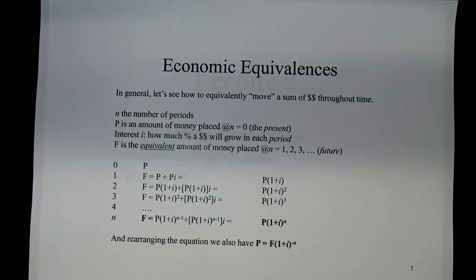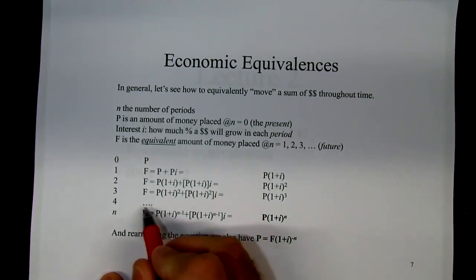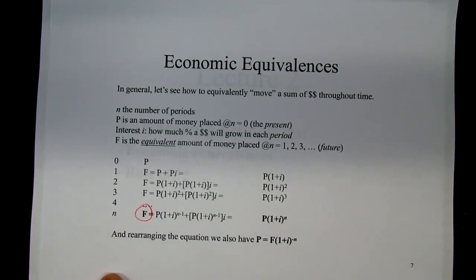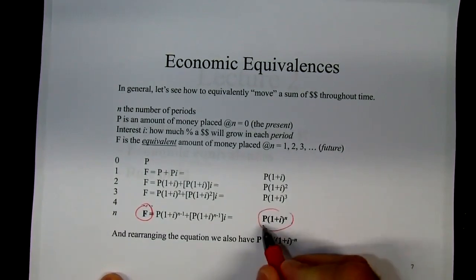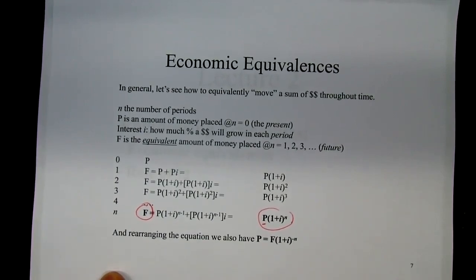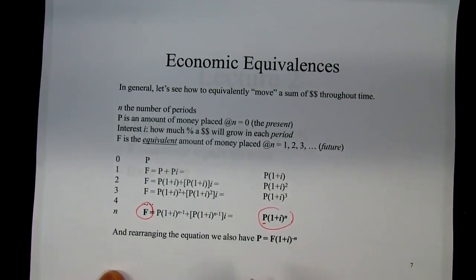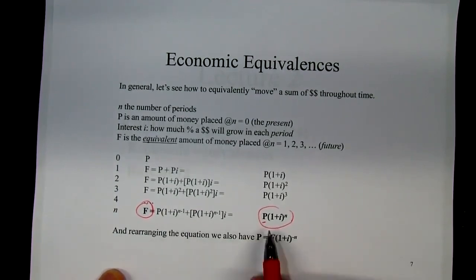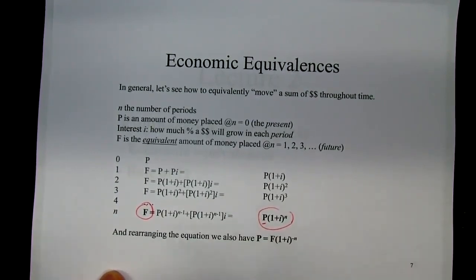With a single transaction, you are able to find any future equivalent amount which is equal to the given, let's call it present amount. The symbols are F and P because they stand for future and present.